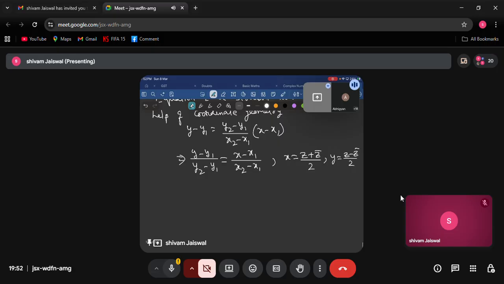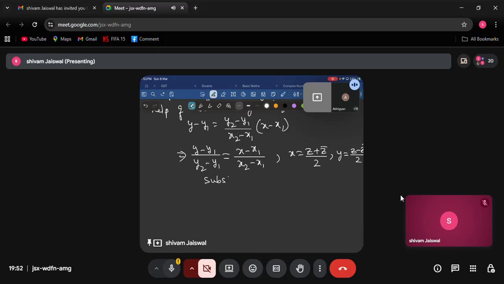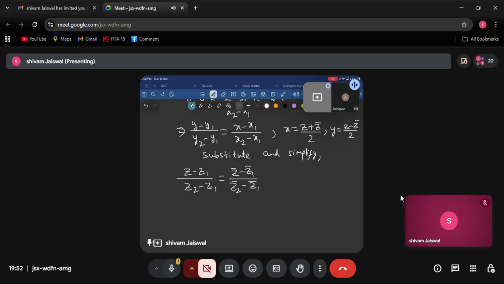Okay, when you substitute and simplify, we get (z minus z1) upon (z2 minus z1) is equal to (z bar minus z1 bar) upon (z2 bar minus z1 bar). Is it clear, everyone?